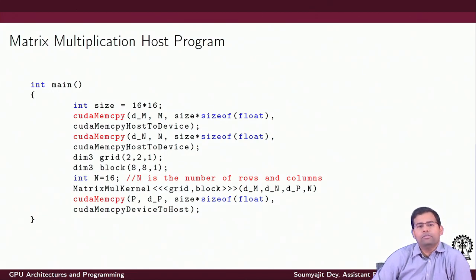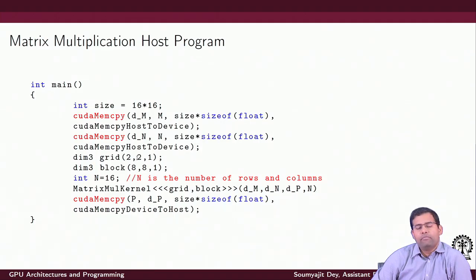Once this is done, we define suitable grids and blocks here. As you can see, they are given some specific numbers. Essentially we are defining a 2-dimensional grid, denoted by 2, 2, 1.